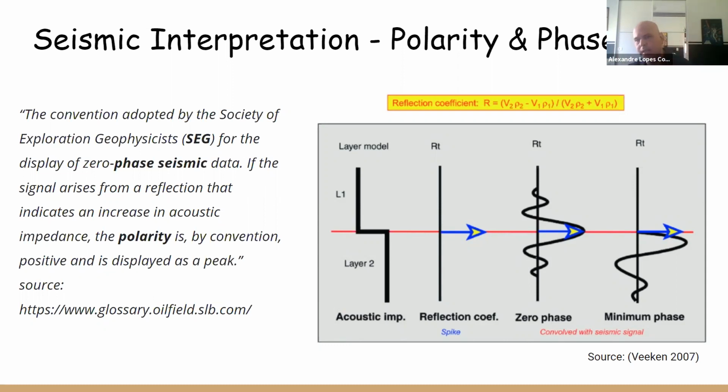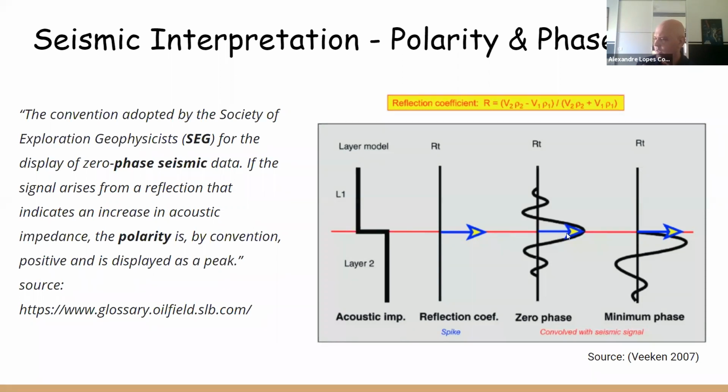And then we go on to phase. What is phase? With the zero phase, the energy is concentrated exactly in the central zone of the amplitude, at time zero. This is exactly what we call the zero phase.